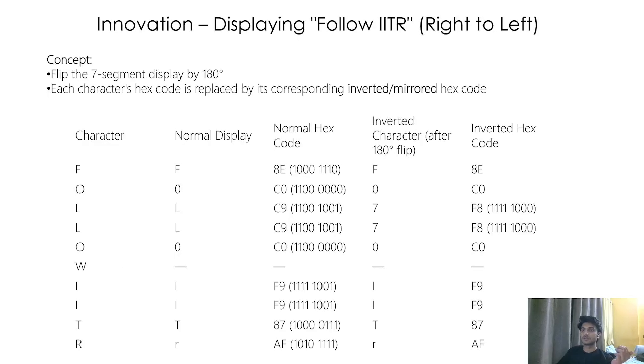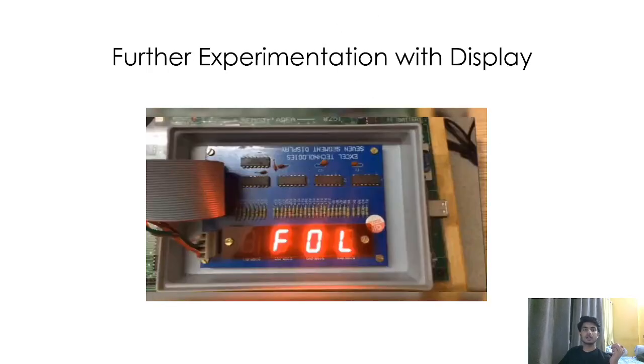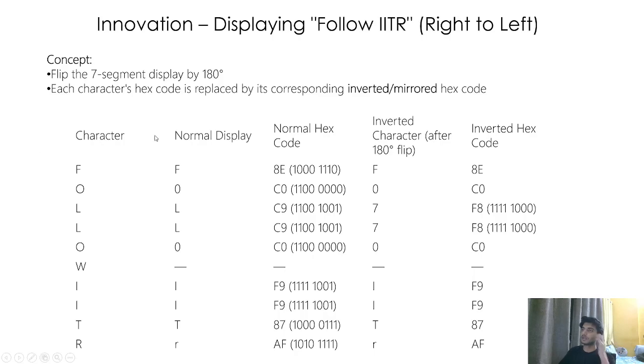So what I have done here is I have tried to display IITR. Sorry. I have tried to display follow IITR from right to left, in the reverse manner from whatever I have done till now. We saw that we were displaying GOOD, but it was from left to right.